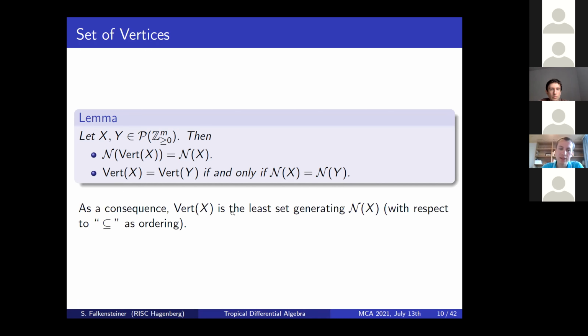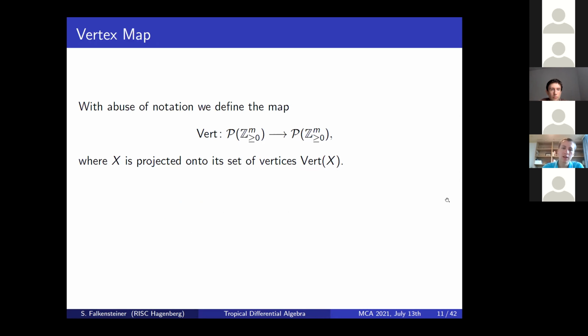From this, we directly get that the set of vertices is the least set generating the Newton polytope with respect to inclusion as ordering. Okay, so we have defined the set of vertices, and now I define a map, also called vert, sending a set to its set of vertices.